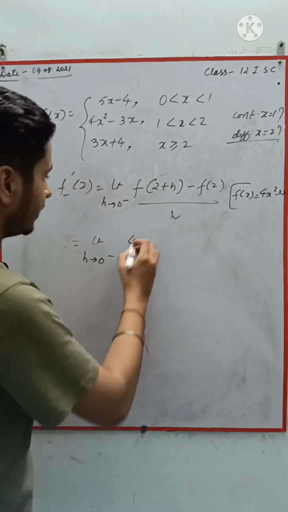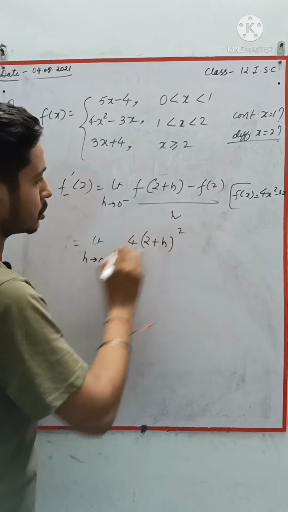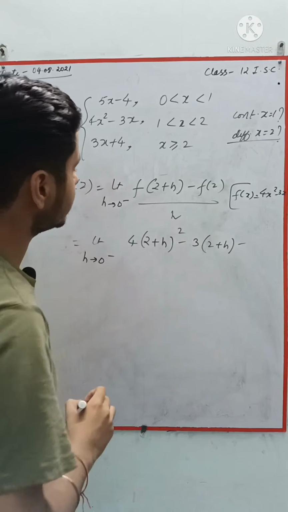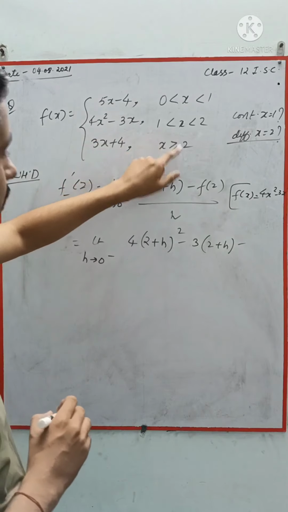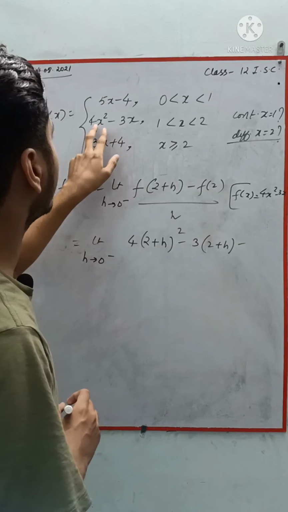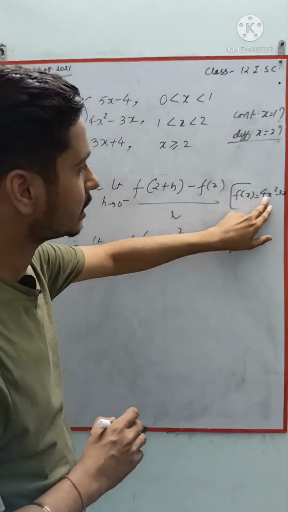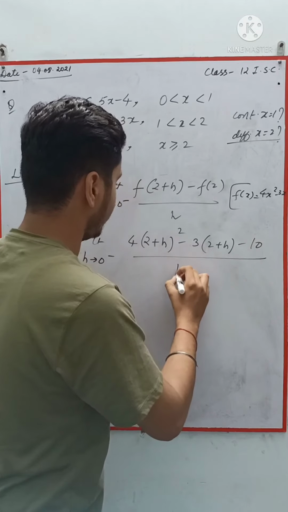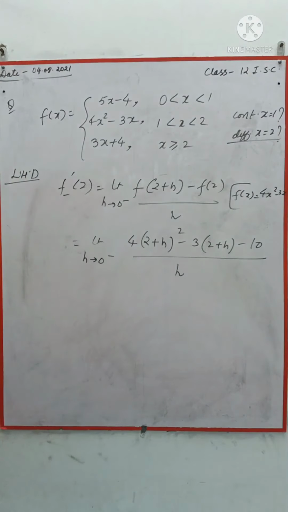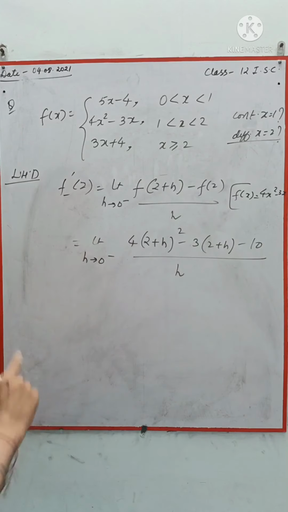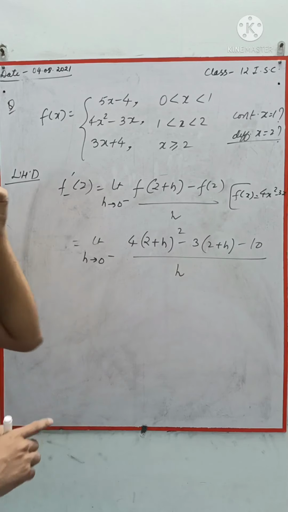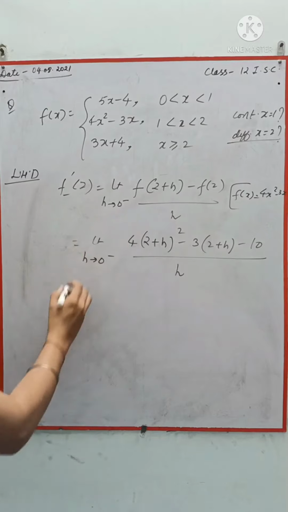So f(2 plus h) will be (2 plus h) the whole square minus 3 times (2 plus h), minus f(2). What will be f(2) on putting 2 here? On putting 2 here, it will be 4 fours are 16 minus 6, 10. So it will be 10, the whole divided by h. Okay, now you have to solve it. How will we solve? At this point, we need to eliminate this h from the denominator. Okay, so open the bracket.